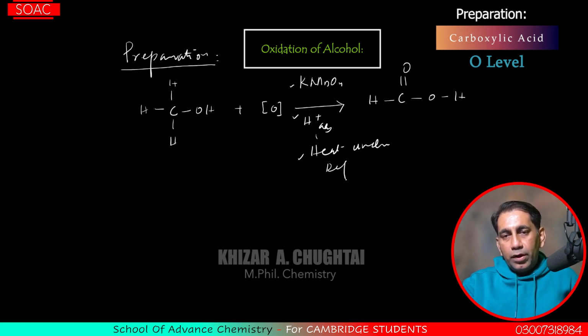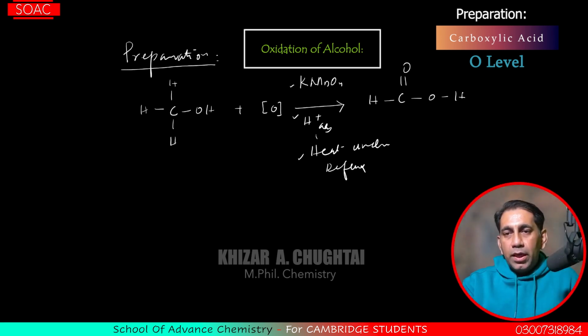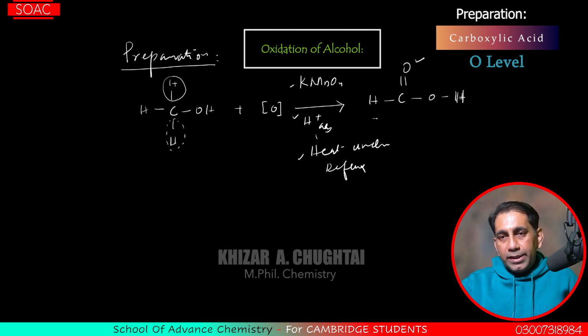So basically, one carbon alcohol is going to oxidize, and it is changing itself into carboxylic acid. What is oxidation? Oxidation is the removal of hydrogen and introduction of oxygen. So overall, generally, two hydrogens are removed and one oxygen is introduced, and this new compound formed is called acid.